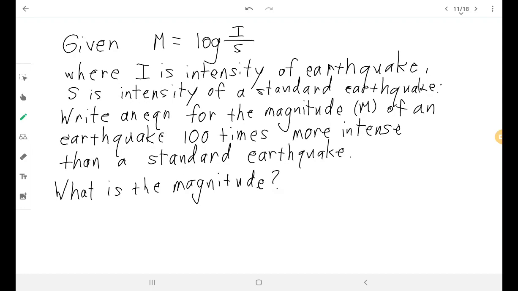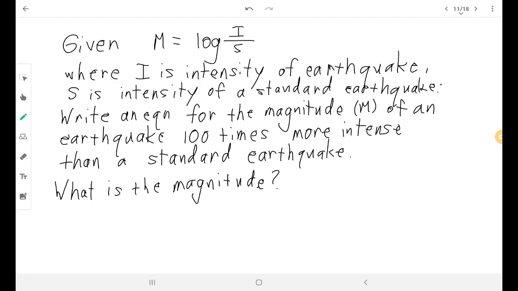Given this equation, capital M equals the common log of capital I over capital S, we want to do some stuff with that. This equation shows us the magnitude of an earthquake, like a 7 or an 8. I is the intensity of the earthquake. S is the intensity of a standard earthquake.